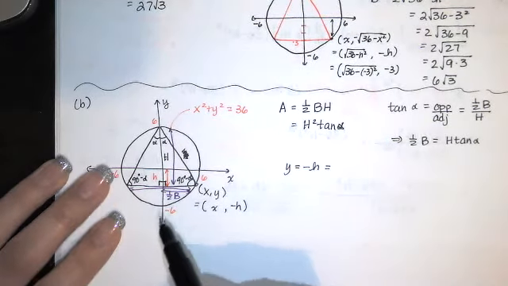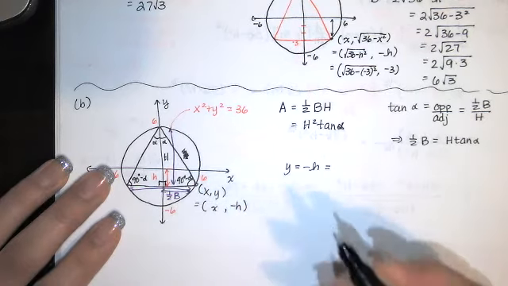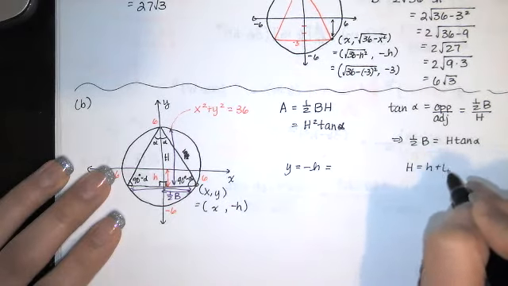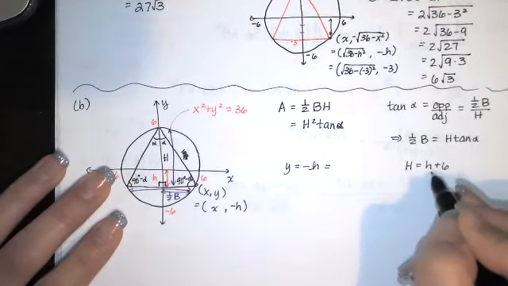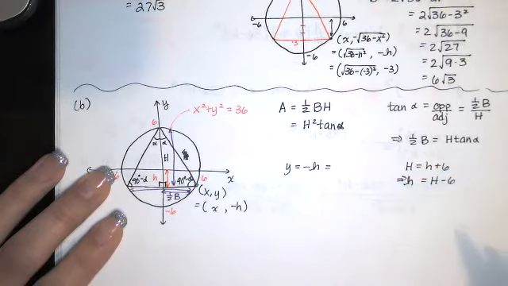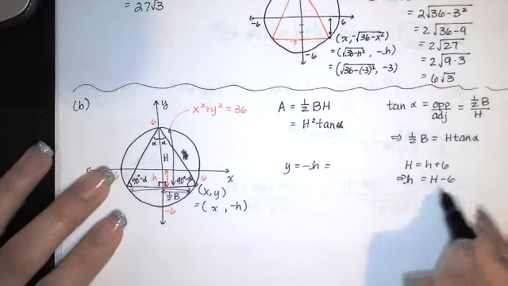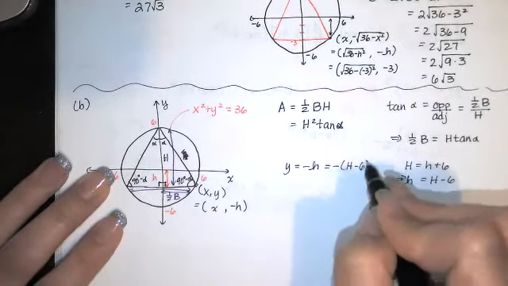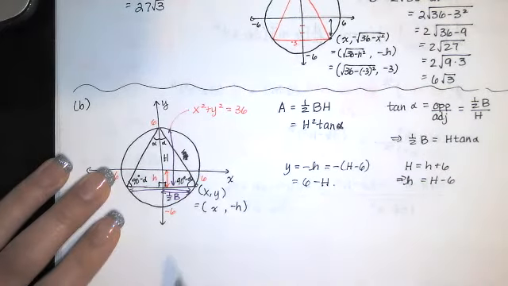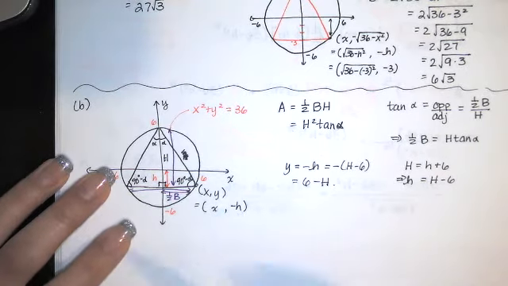And remember, h plus 6, that has to be capital H. So I can solve this for lowercase h by subtracting 6 from both sides. And that means that y can be written as the opposite of that. So we have y equals 6 minus h. So I've got y in terms of h right here.